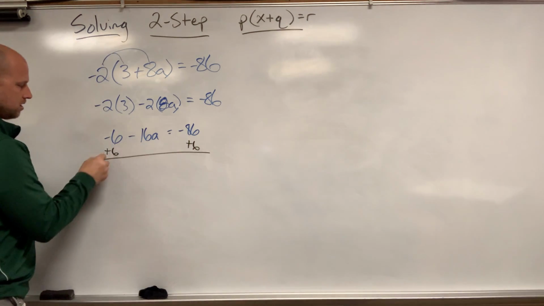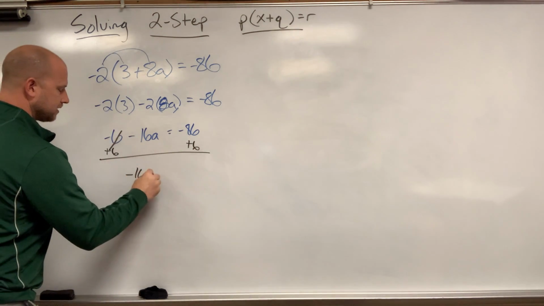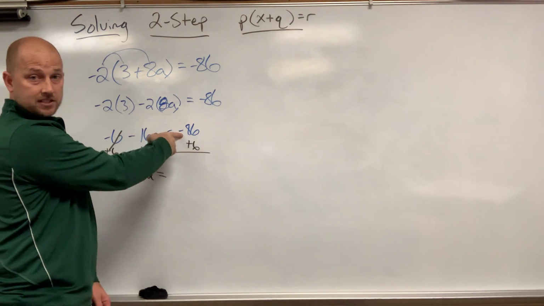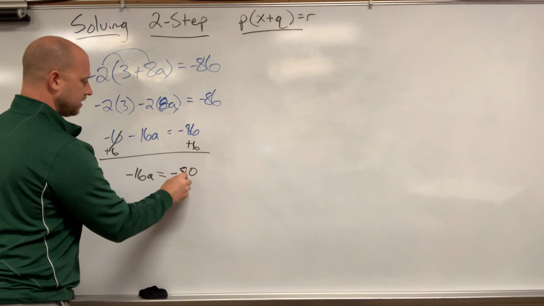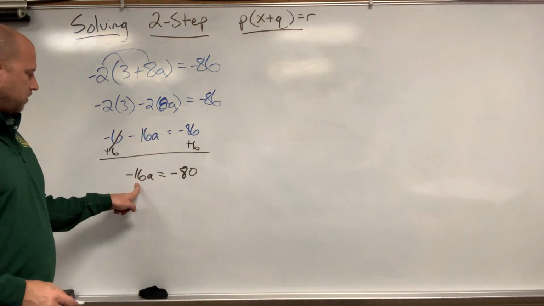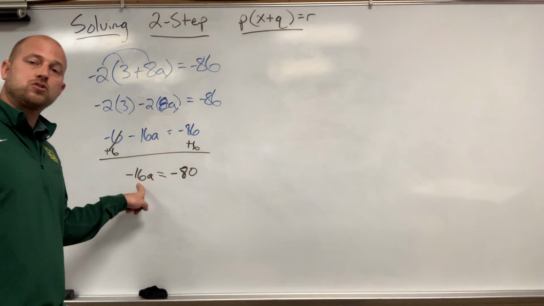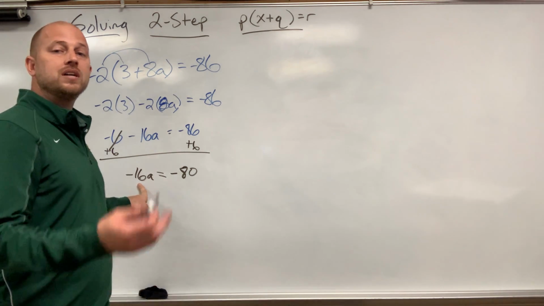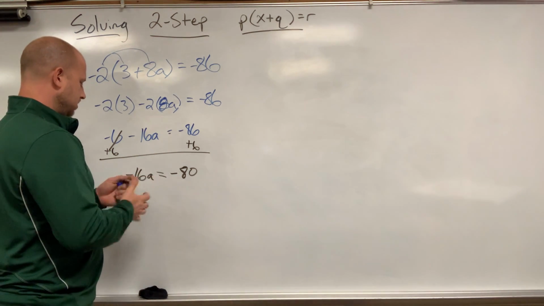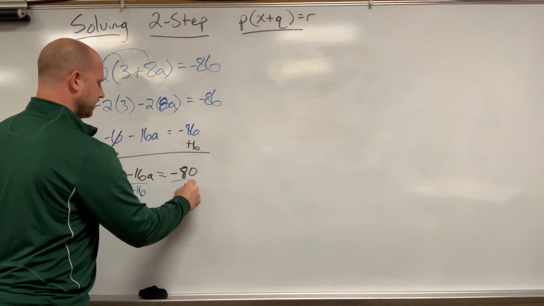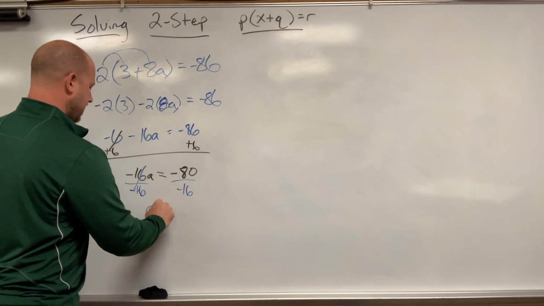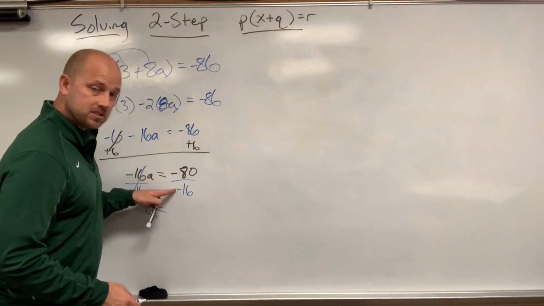Add 6, and we get negative 16a equals, different signs, subtract, take the sign of the larger number, negative 80. Now, we're multiplying by negative 16, so we need to divide by negative 16 on both sides. A equals, same signs, positive.